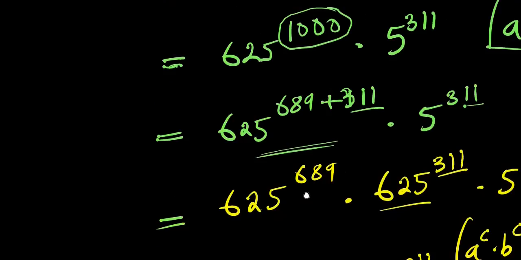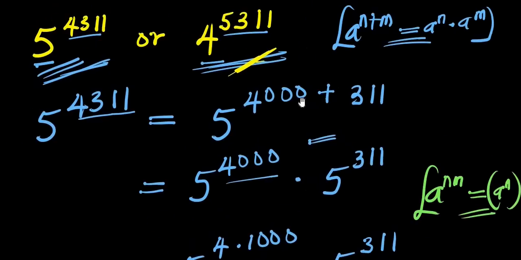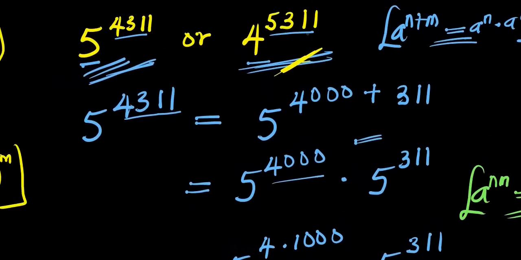So that is it, guys. I believe you have seen all the steps. So the bigger number is this, 4 power 5311. So this is smaller than, let me use less than, this is less than this. So this becomes the greater number. Thank you and goodbye.